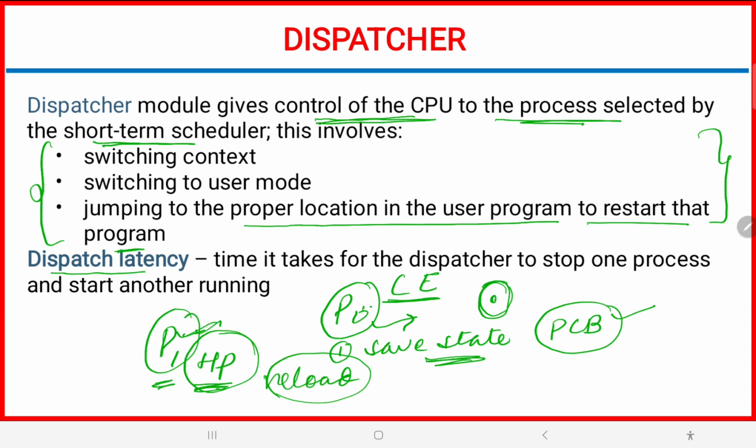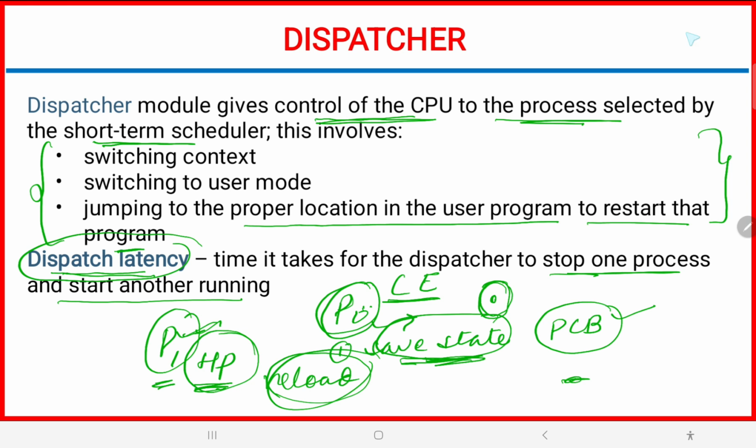So before it starts working on process P1, and at the time when the process P0 was stopped, this phase is referred to as dispatch latency. That is the time it takes for the dispatcher to stop one process and start another process. So during this phase, these two activities are done. Whatever amount of time is spent on these two activities is referred to as dispatch latency. I hope you got the point.